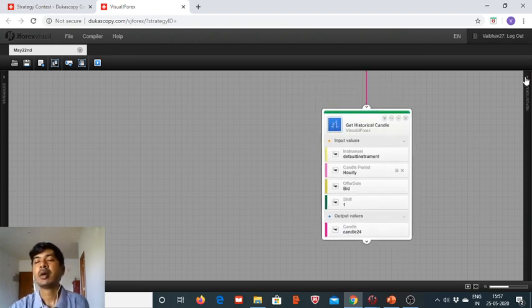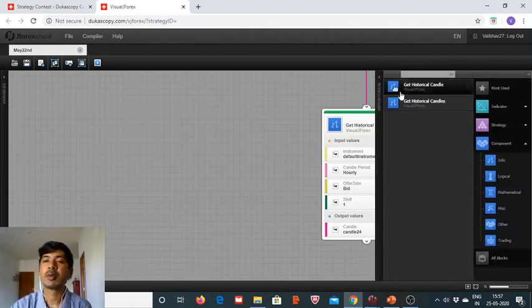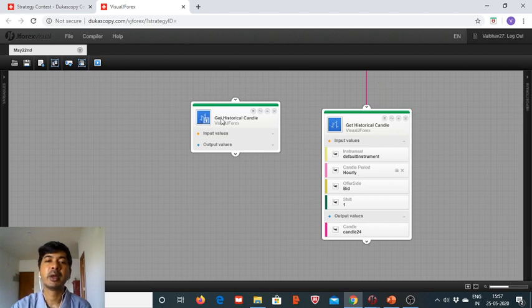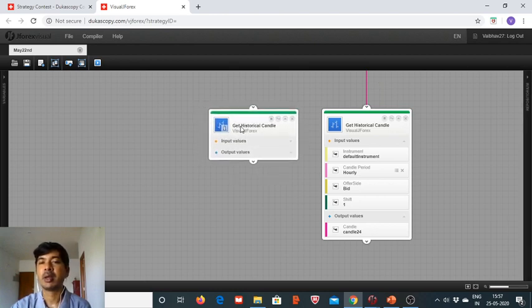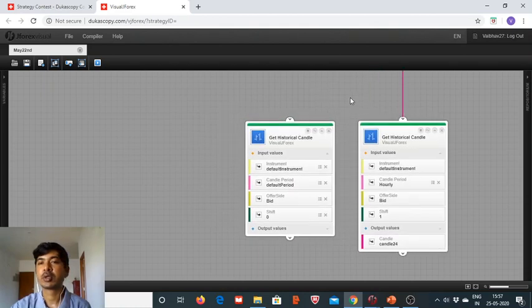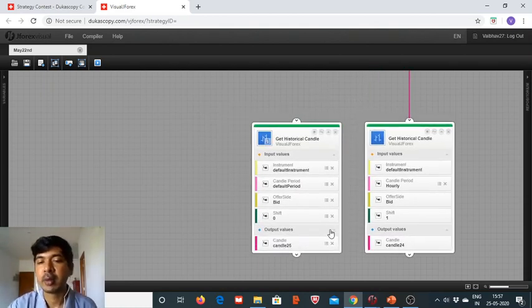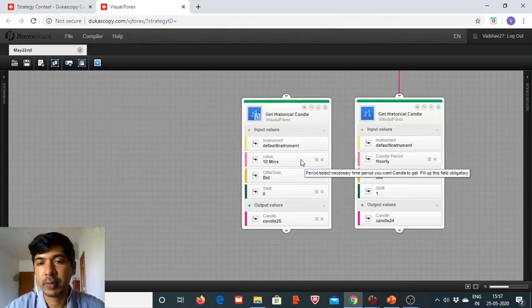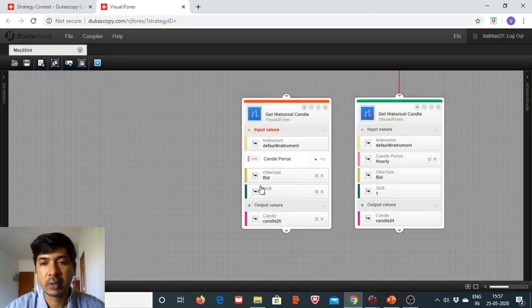For precise entry and exit, we will bring in the 10 seconds candle as well, though we don't really need it right away, but we will need it while going in for the execution of the trade. So we bring it, and I will explain to you a bit later on what will be the purpose of this.